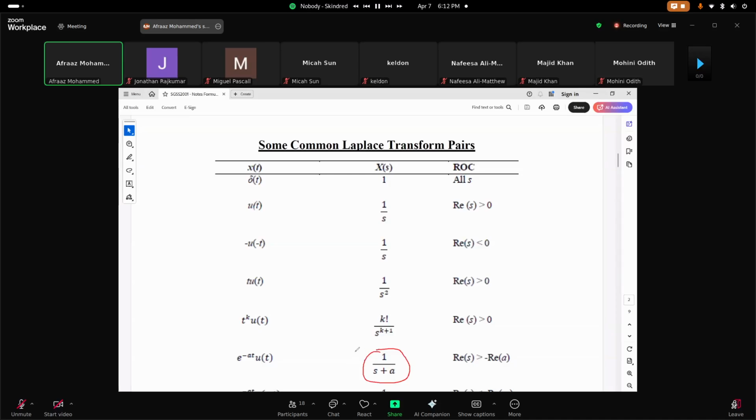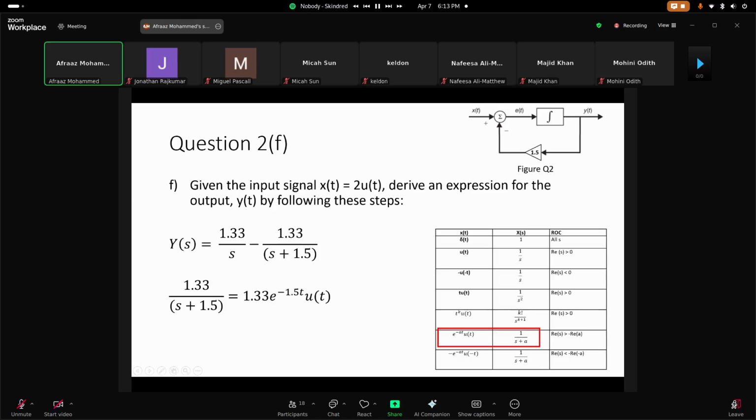If we transform that into the time domain, it gives you e to the minus a t u(t), where a is 1.5. So that's e to the minus 1.5 t u(t). The result would be 1.33 e to the minus 1.5 t u(t). So this is the second term.